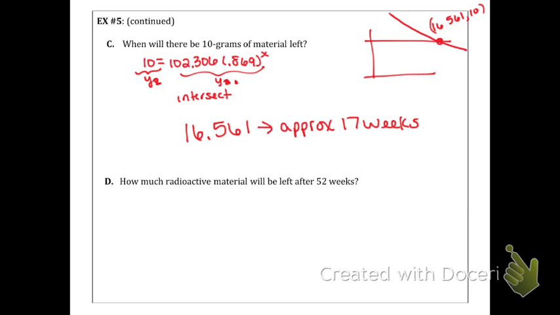And how much radioactive material will be left after 52 weeks? Well, that is my x. x is my weeks. So I would just do my y hat equals 102.306 times 0.869 raised to the 52. And we can just type that in our calculator.